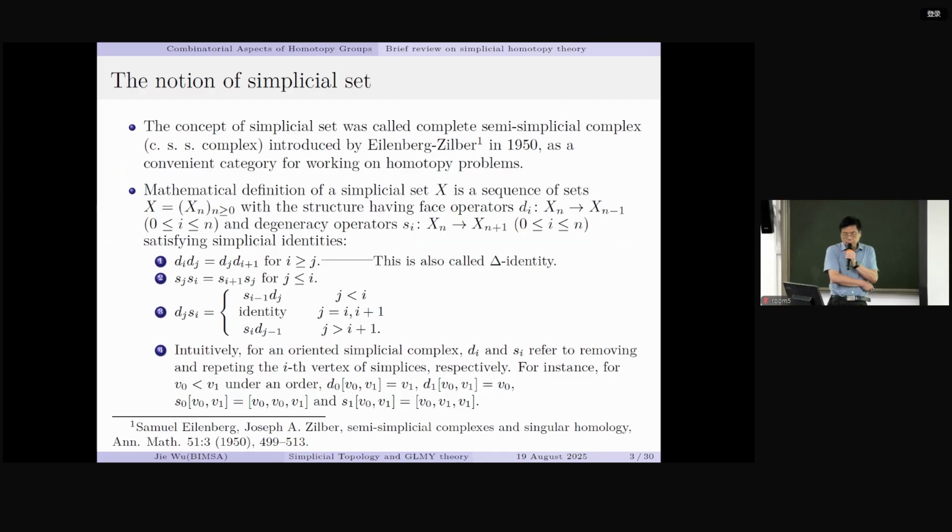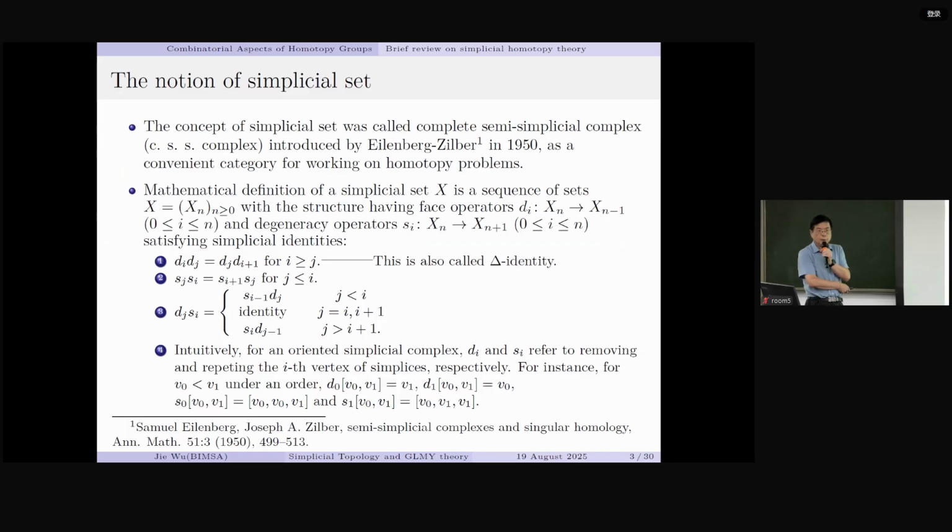Now, I'll display the concrete definition of simplicial set. For simplicial complex, the basic idea is to introduce this singular simplex. For example, V0 is considered as a singular simplex, like V0, V0, so the length of the edge is 0.